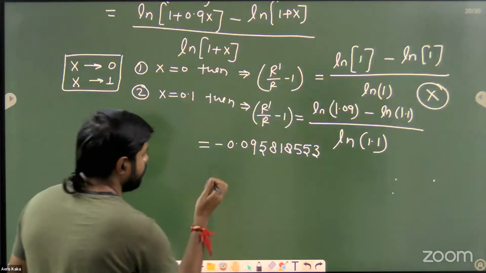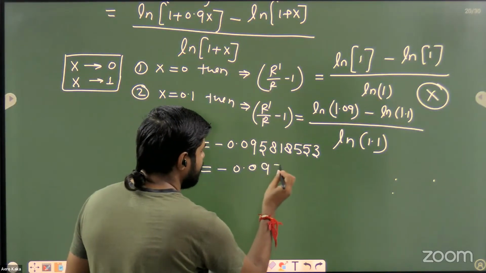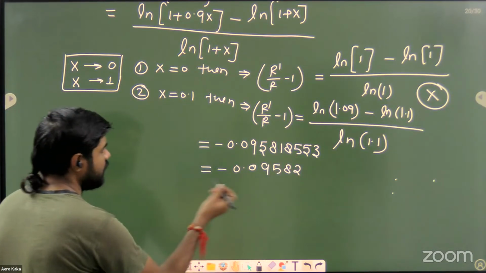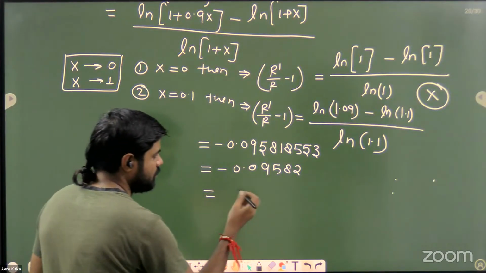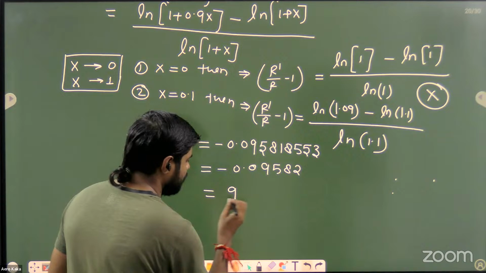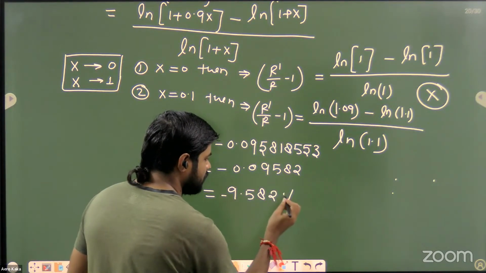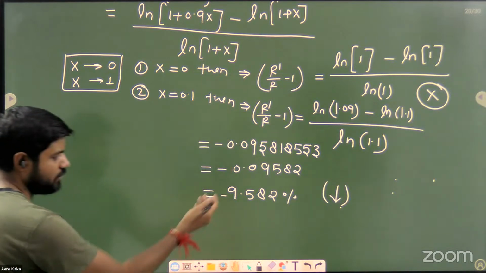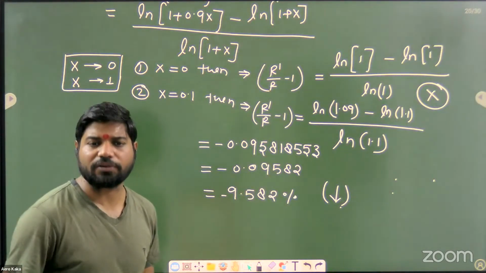So this value is nothing but minus 0.09582. If you want to write it in percentage, just multiply by 100. So you will get minus 9.582%. So your range decreases by 9.582%.